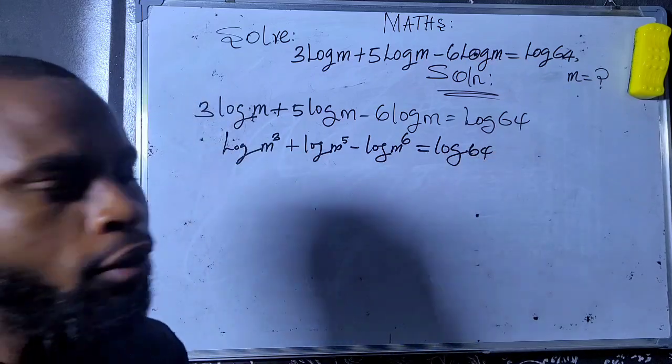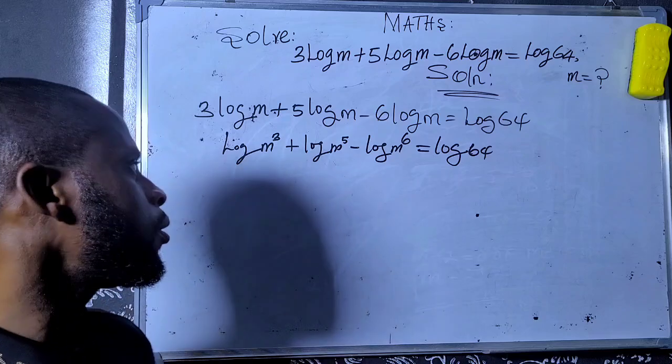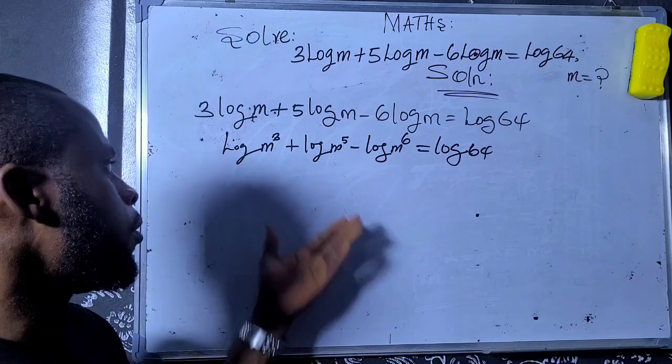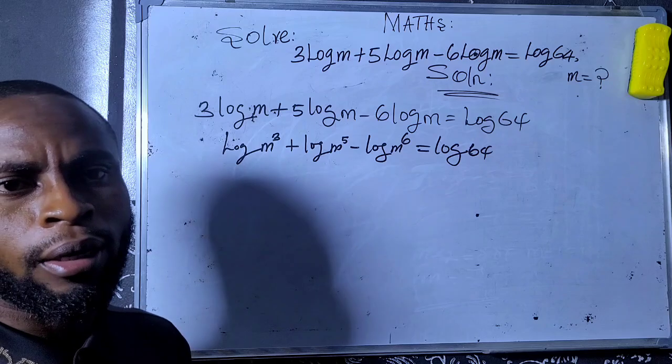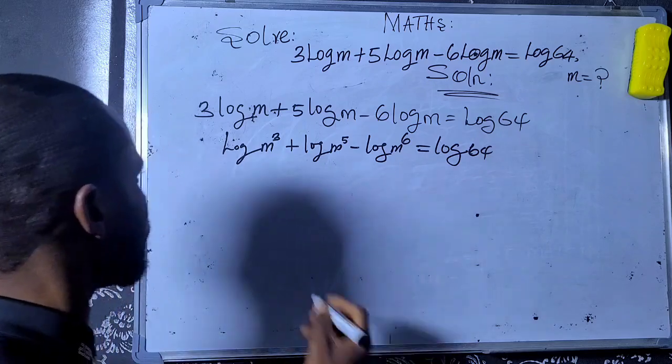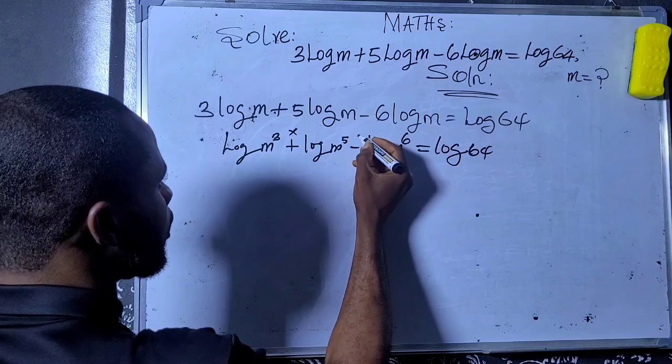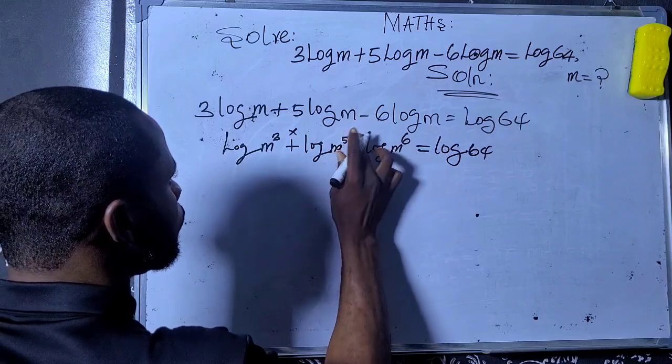Now the next step is to apply the logarithmic quotient and product principle. That is, wherever you have positive, you change this to multiplication, negative to division.